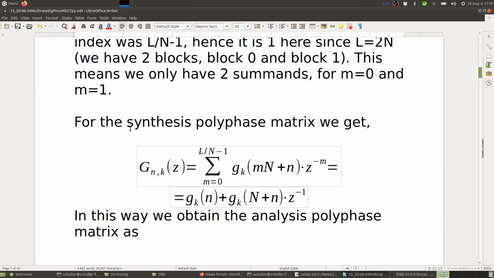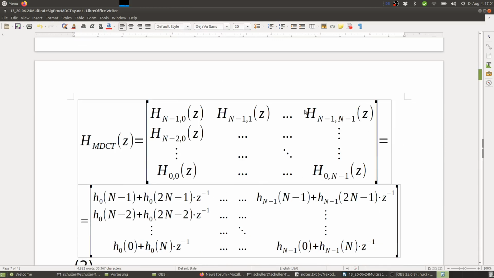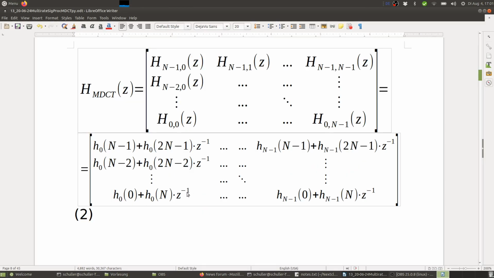For the synthesis, we get something quite similar, right? This is what we get for the synthesis. Again, polynomial of first order, 2 block length of the impulse response, and in this way we obtain the analysis polyphase matrix as this. So here we can see we just replace this generic formulation by the formulation that we got for length 2N for the impulse responses.